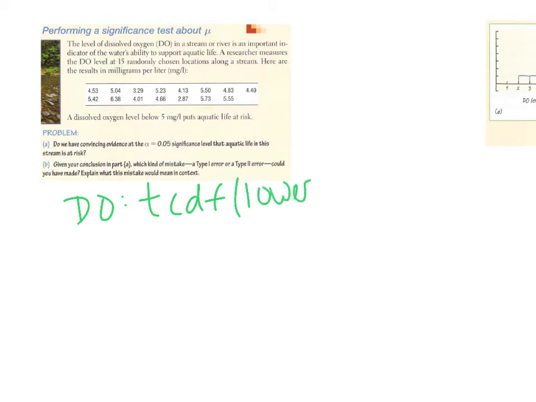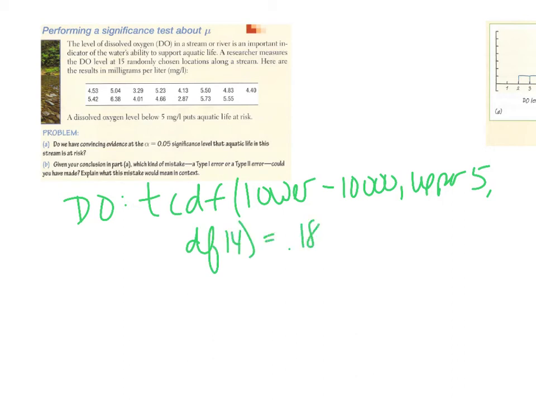In this case, my lower is going to be, because I'm looking for less than, way down to negative 10,000, and upper of 5, and a degree of freedom of 14, which is going to give me 0.1816.